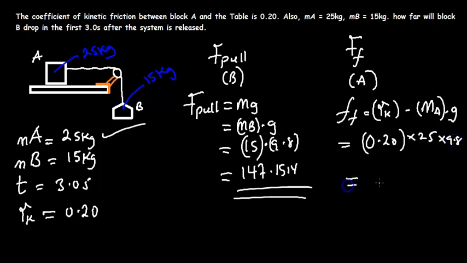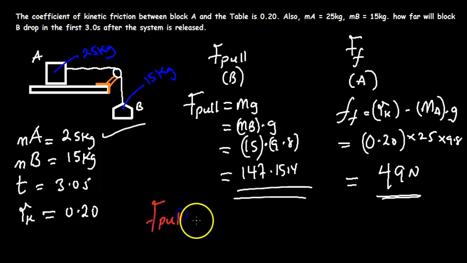And notice that if you multiply everything, it's simply going to be 49 Newton. So the two things we are looking at are the F pull, given as 147.15 Newton, and the F friction, which is 49 Newton.